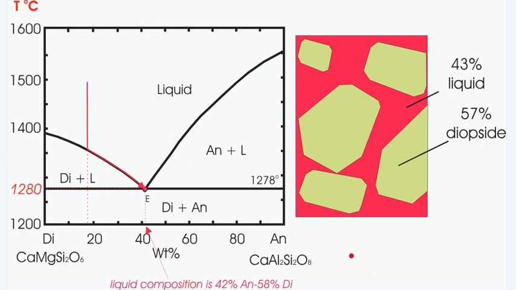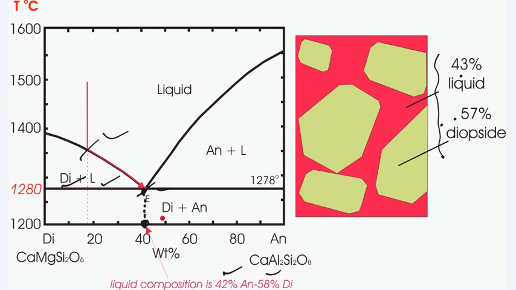So from this point to this point, the amount of crystals that form will be removed from the system. That means the 57% diopside will not be here if it is fractional crystallization.